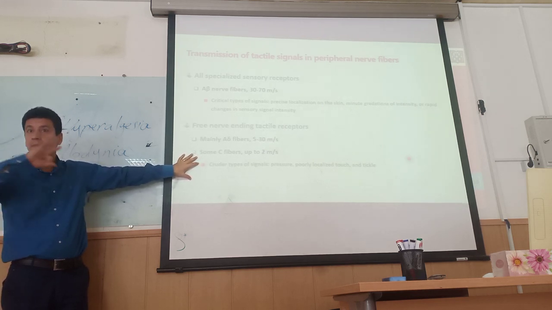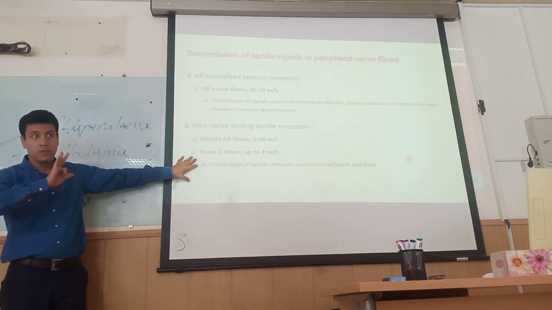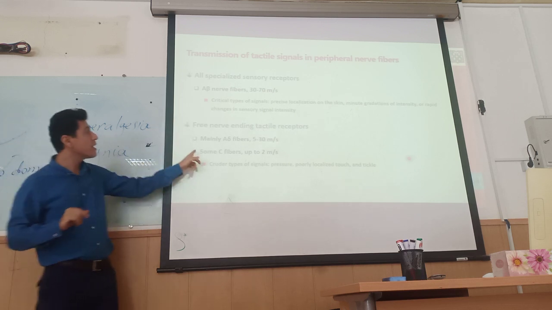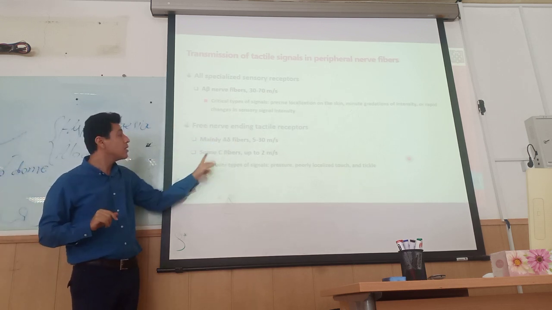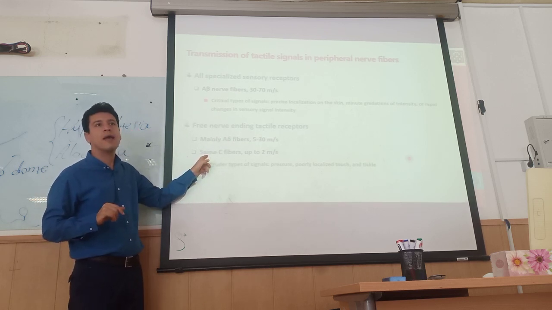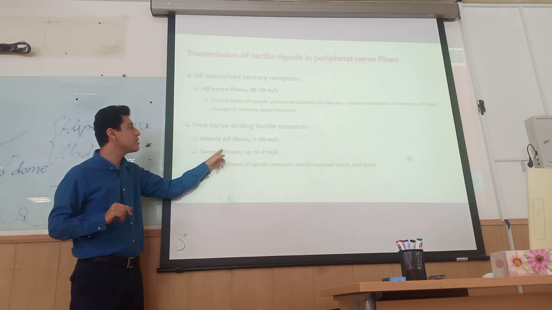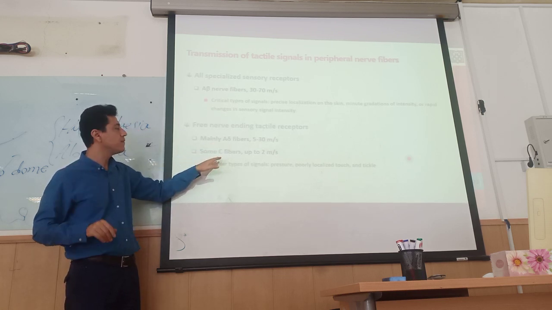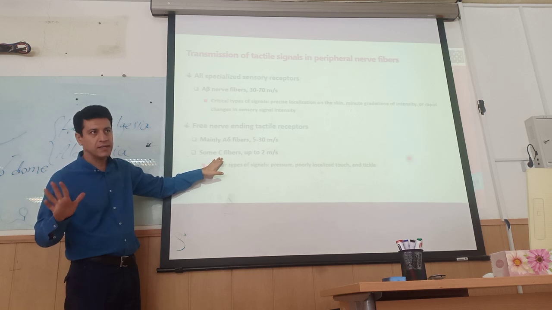I'm not talking about temperature or pain. For those receptors that I started with, free nerve endings use mainly A delta fibers, and some of them use C fibers. A delta fiber is myelinated, C fiber is unmyelinated.